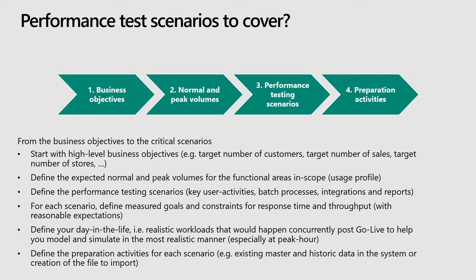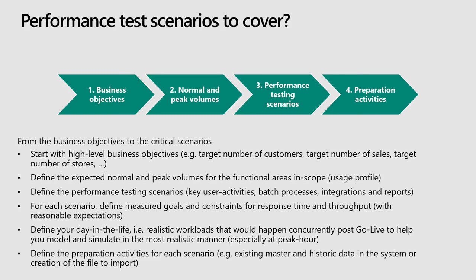Another thing is to try to simulate the real behavior of your end users during production. You should probably build it step by step. First, focus on the most critical flows you have, and do it step by step.